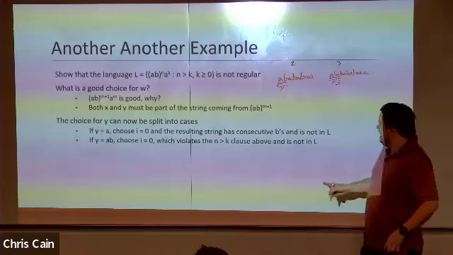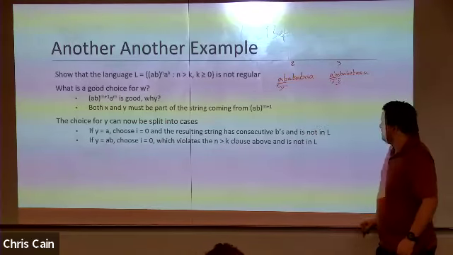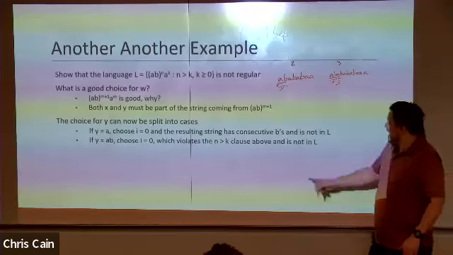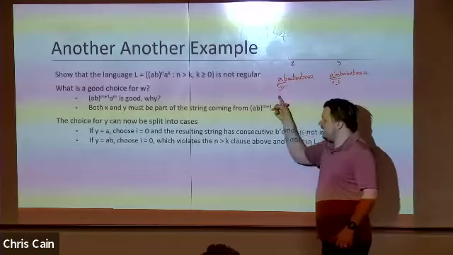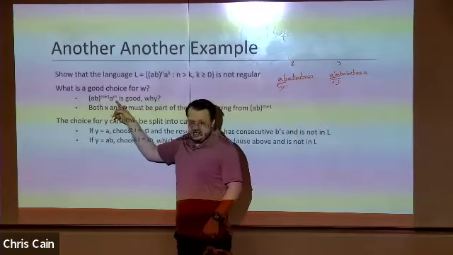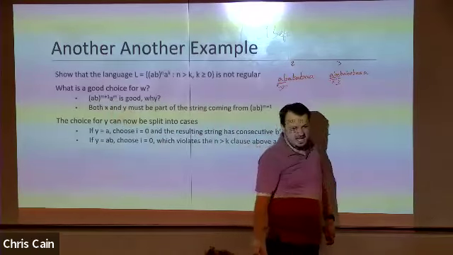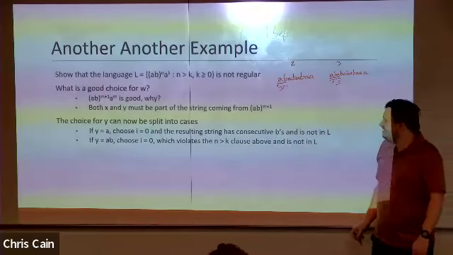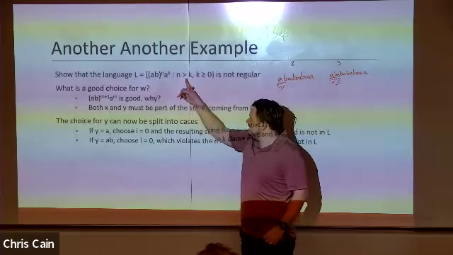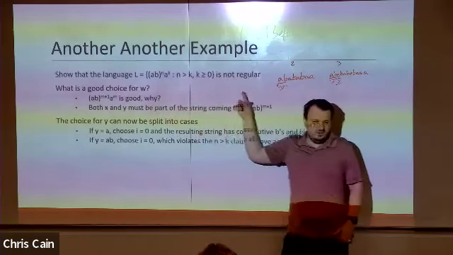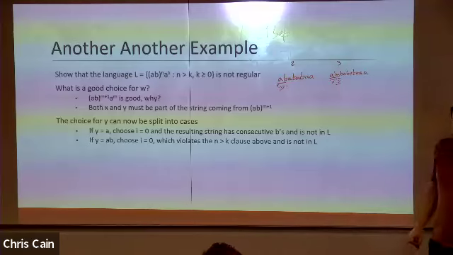If that's the case, again, choose I equals 0. As soon as you delete this AB, you can re-represent this string as AB to the M, A to the M, because you deleted a single AB. Since this construct says N is greater than K, you would now show that N equals K when you did this, which will violate the language.